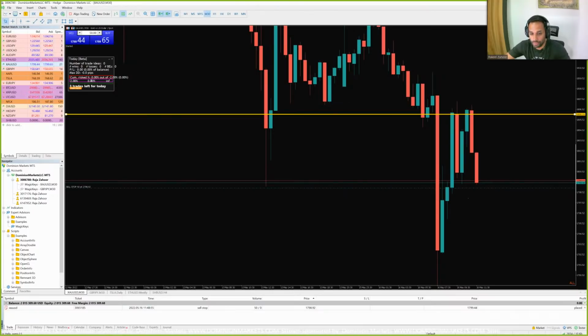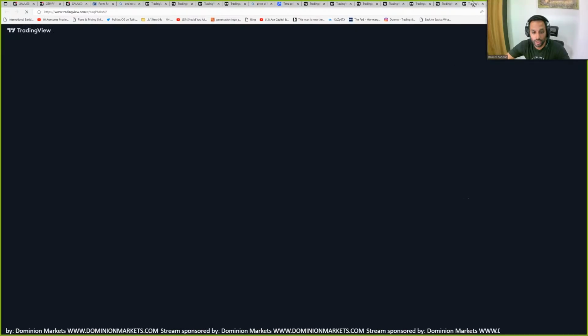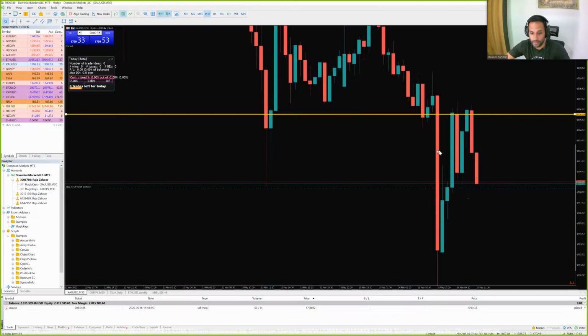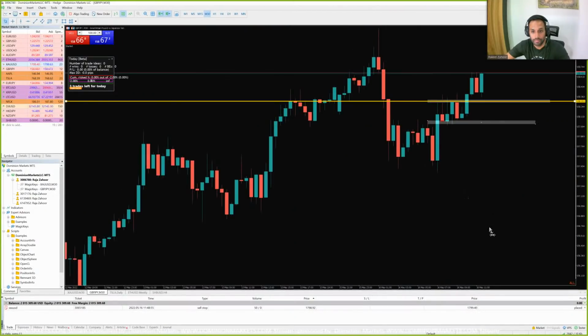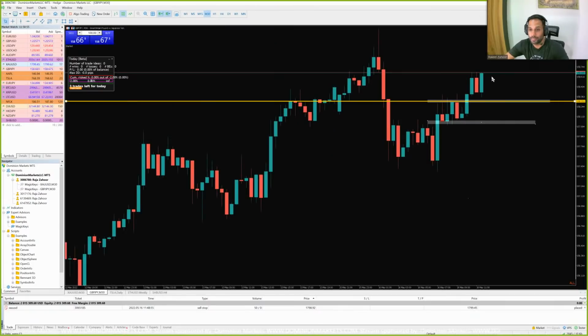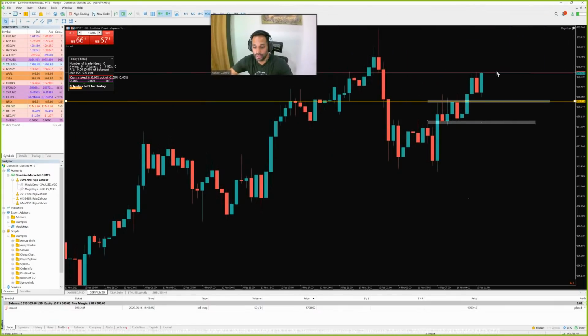Is this the kind of retest you were looking for on pound yen? Let's quickly take a look. Yes, but on the higher time frame. Probably if this 30-minute candle can close bullish, you can expect the next 30-minute candle to move up, not this one.